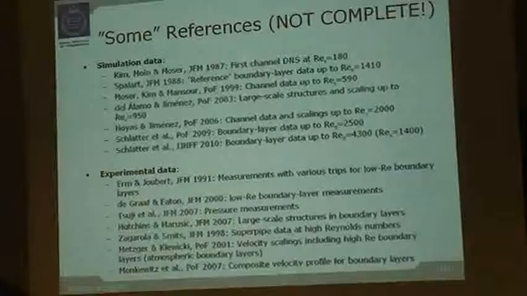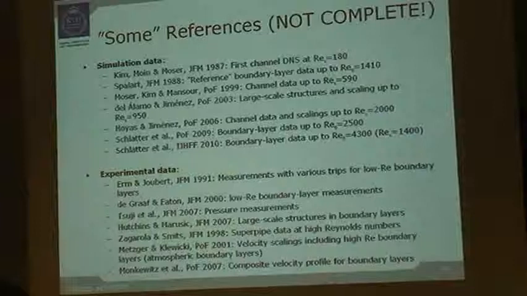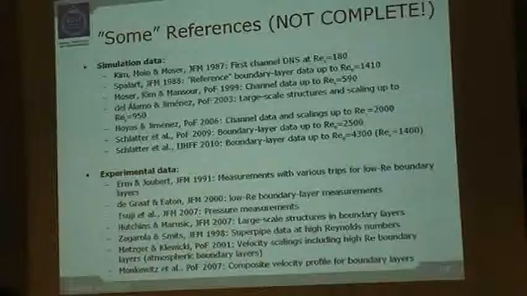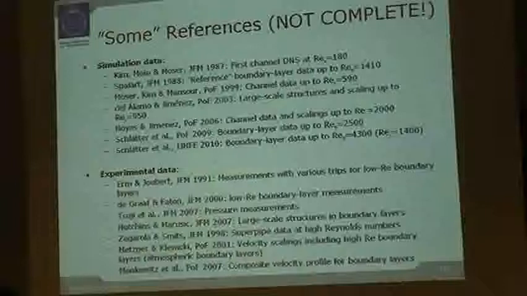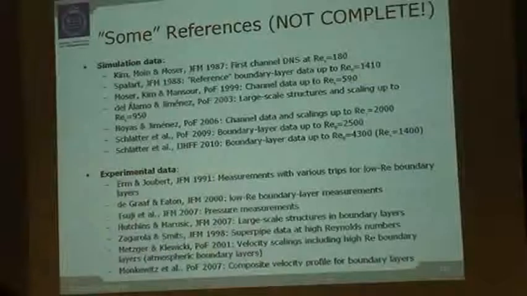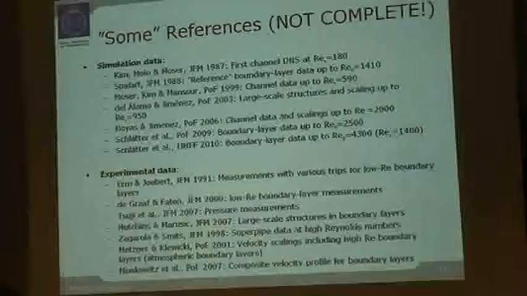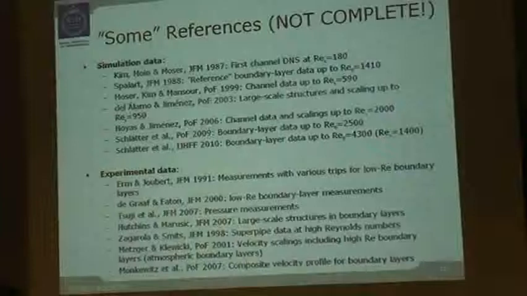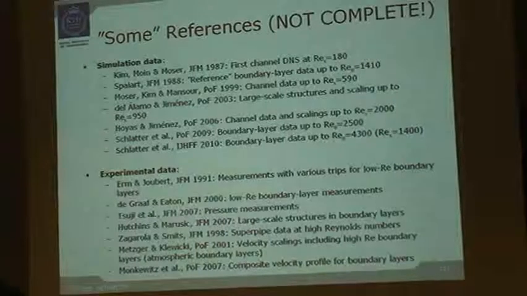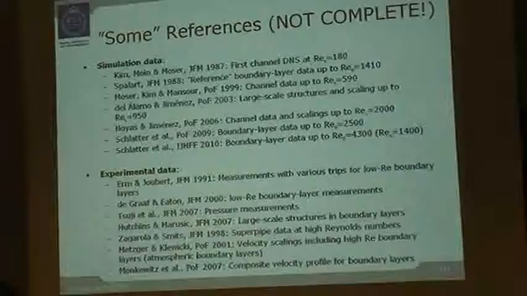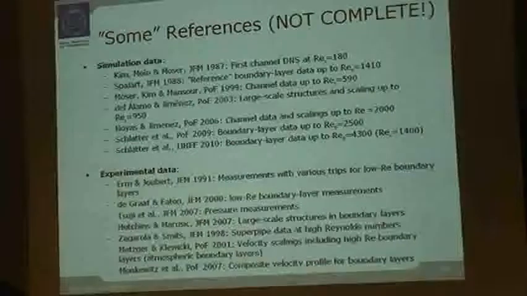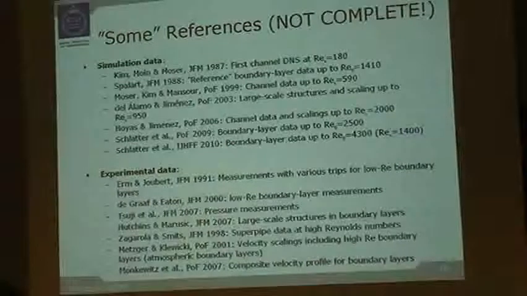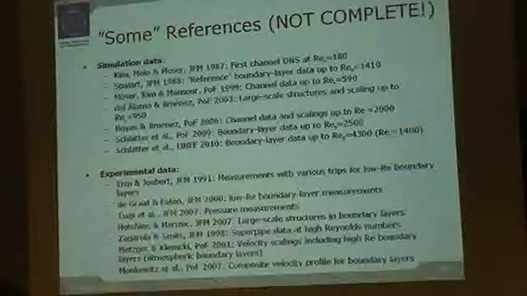So I don't want to go through this list. Essentially, we have here a list of simulation data and a list of experimental data. Maybe the most famous data are, of course, the channel flow data, and then the highest or most used channel flow data reaching up to Re tau of 2003.